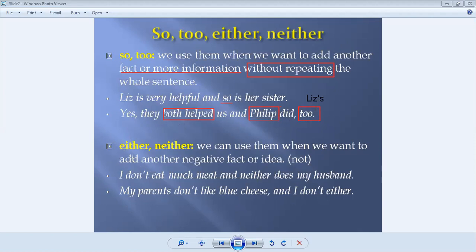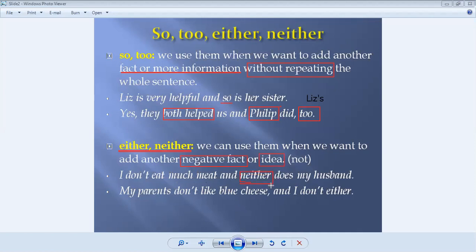Now either and neither. We can use them when we want to add a negative fact. If our idea is negative, we're going to use either or neither. Let's have a look at the example. I don't eat much meat. Neither does my husband.